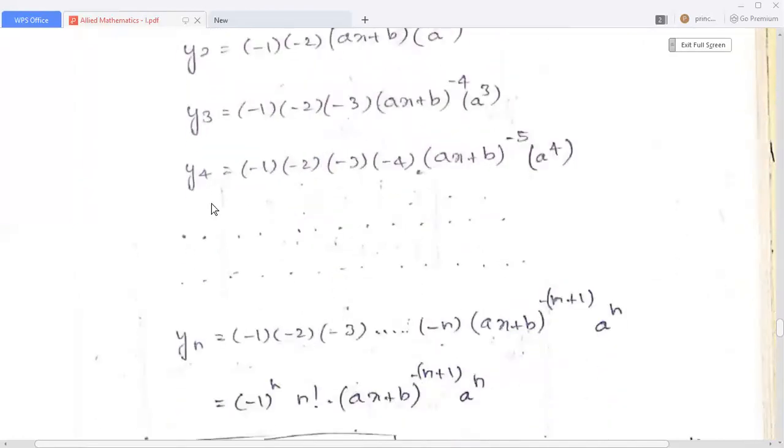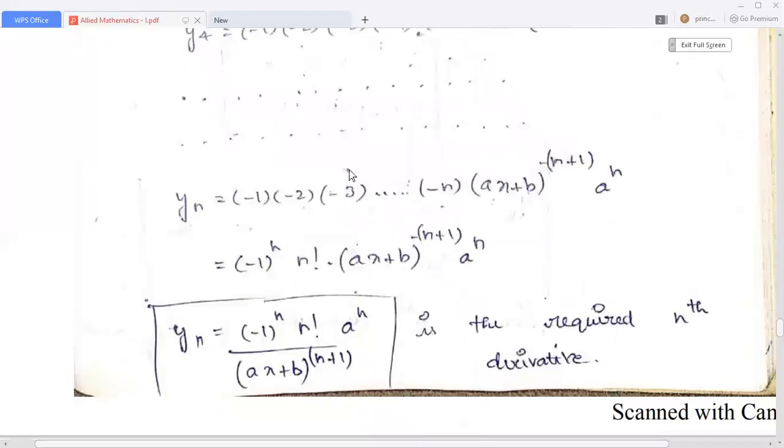Similarly, we calculate y4. y4 is equal to minus 1 into minus 2 into minus 3. Now we differentiate this expression here, that is minus 4 into ax plus b power minus 5 into a cube into a, that is a power 4.